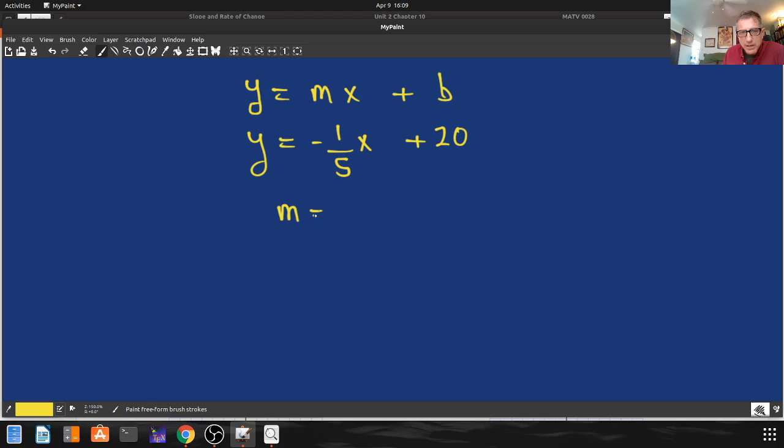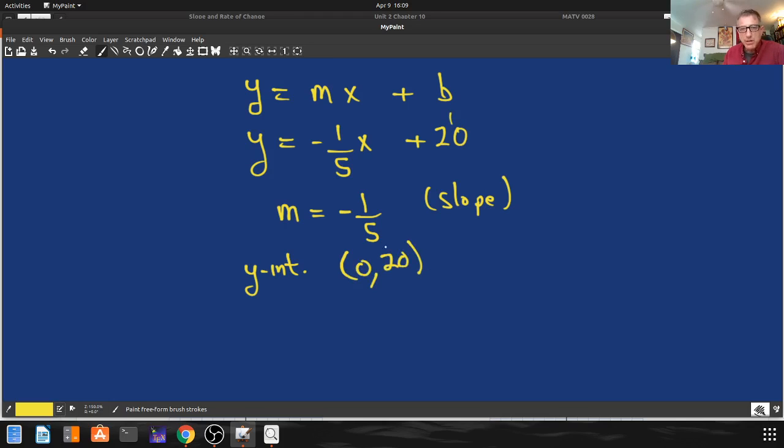So m is equal to minus 1/5. That is our slope. Our y-intercept, I'm just going to call it y-int because I'm lazy, is the point 0, b, which is 20. So look, I have a point, and that point is my y-intercept.